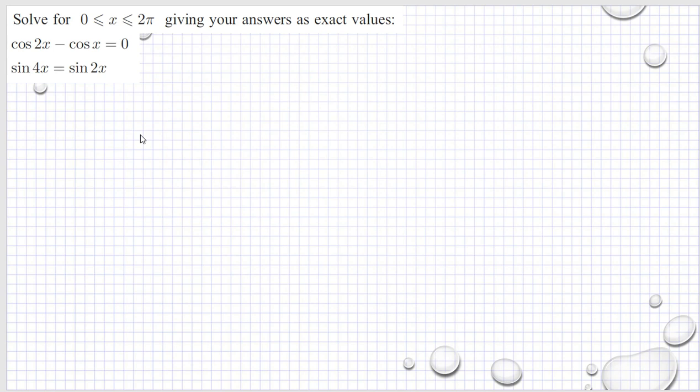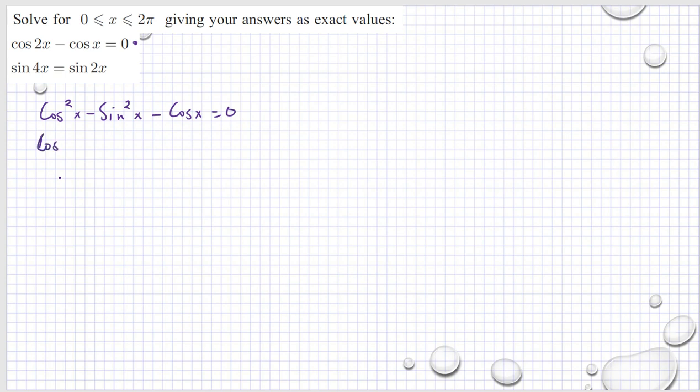Okay, let's take this one also. I think it's alright. It's just 6 minutes. So we have cosine 2x, which is cosine squared x minus sine squared x, minus cosine x is equal to 0. So we need cosine.